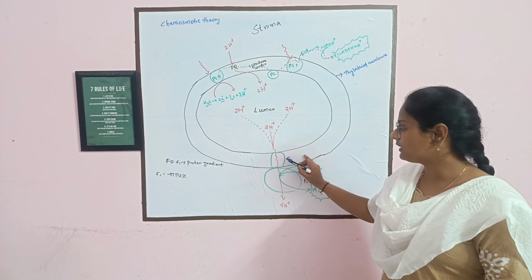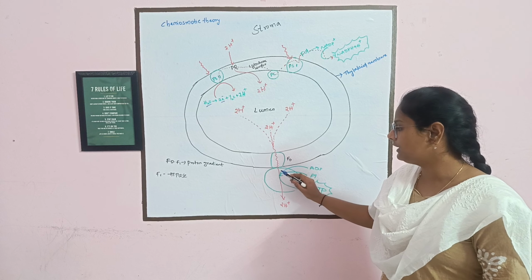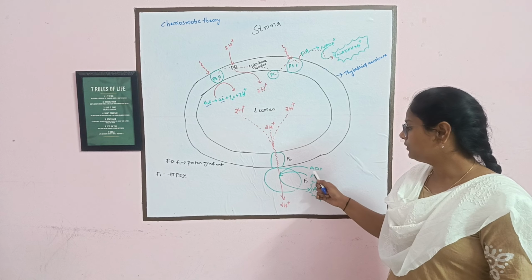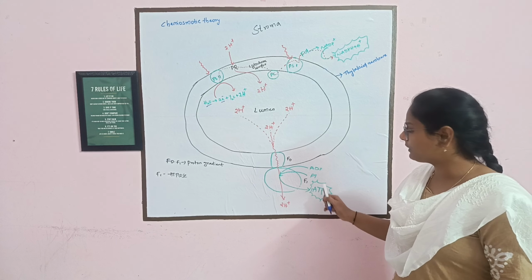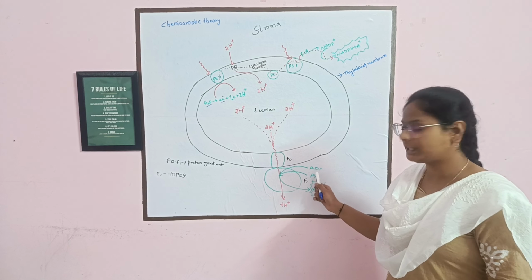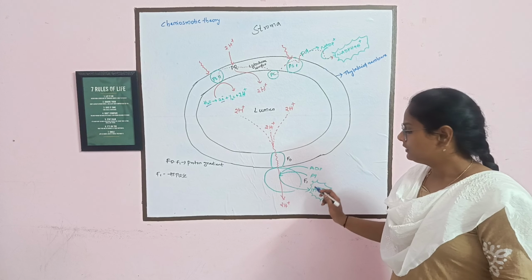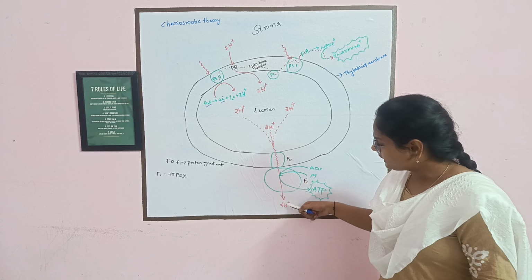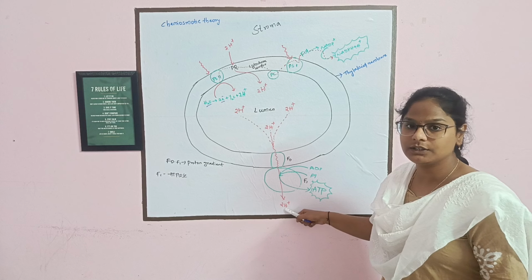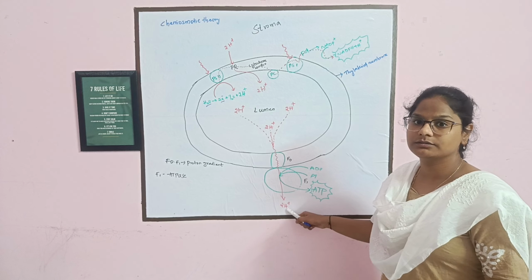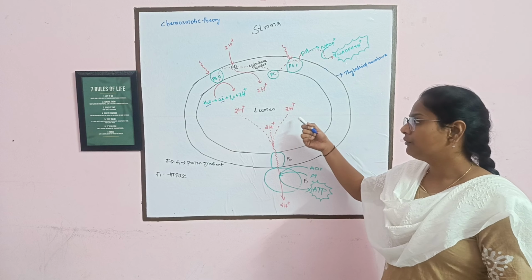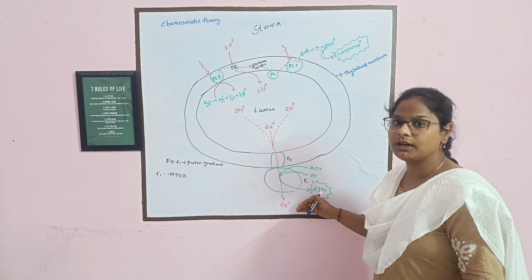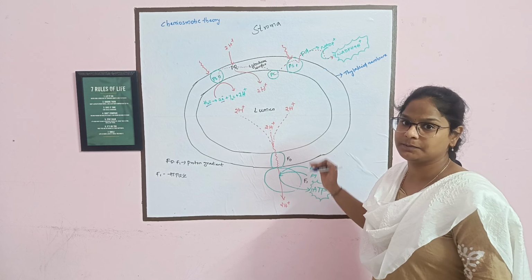While the F0 channel is releasing energy, ATP synthase utilizes that energy to form adenosine triphosphate from adenosine diphosphate and inorganic phosphate. Now, after producing ATP, again the pair of protons is released into the stroma. From the lumen, the protons have moved towards the stroma and the concentration gets balanced.